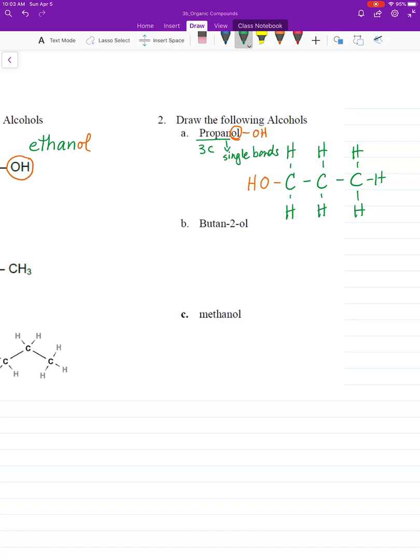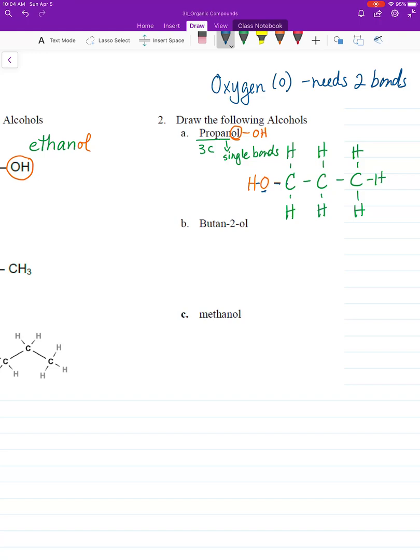Hydrogen only needs 1. And just as a reminder up here, oxygen, or the O, needs 2. So if you take a look, this oxygen here is bonded to the carbon, this bond here, and then there is a bond between the oxygen and the hydrogen. So it's got 2 bonds in it. We just write the OH together as a group.